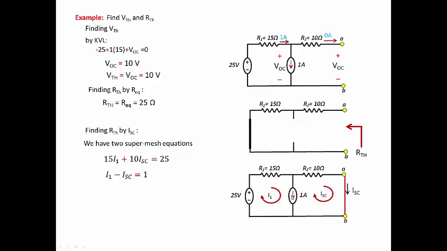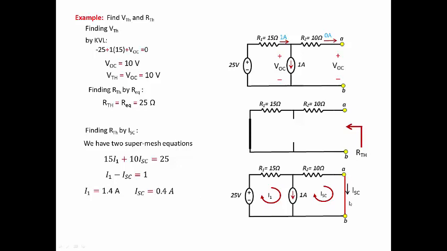Those two equations are the supermesh equations used to represent the circuit. Now you have two equations, two unknowns, so you can solve for I1 and I short circuit. What we end up with is I1 equals 1.4 amps and I short circuit equals 0.4 amps.